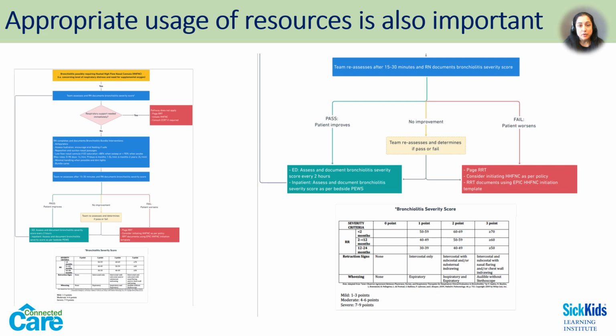But if you do notice that after a period of stabilization and bundling and making sure all your cares are done well they still have worsening bronchiolitis severity score or need more oxygen, then those flow rates we would tolerate, the RT would be paged to initiate high flow nasal cannula in this population. So it's a bit more of a pathway for trying to differentiate those that need just a little bit of oxygen and might be better without needing high flow nasal cannula support versus those who might benefit from it.